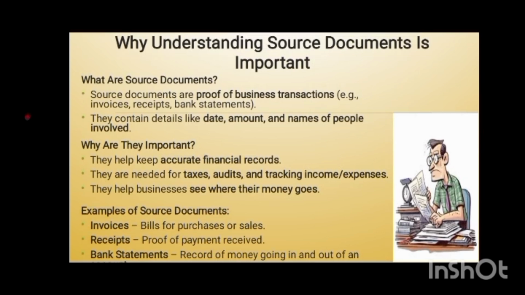How? For example, the source documents: invoices, receipts, bank statements. Here, invoices are telling us about the bills of the purchases or sales. From these bills, we can understand at what date, what kind of products were purchased or sold, and to whom, right? Receipts are actually the proof of payment received.